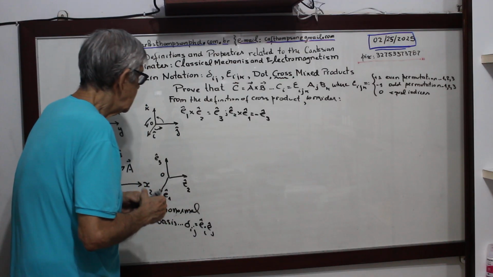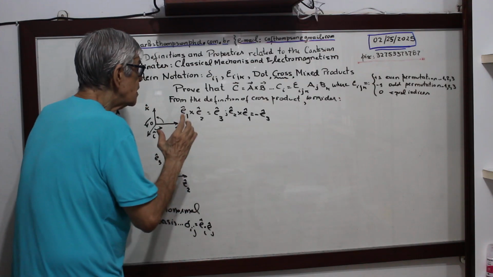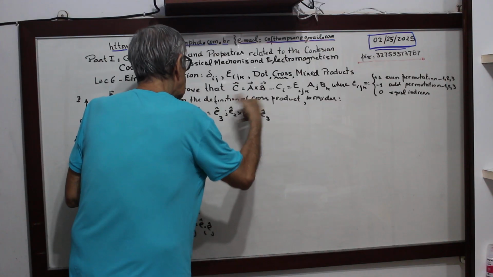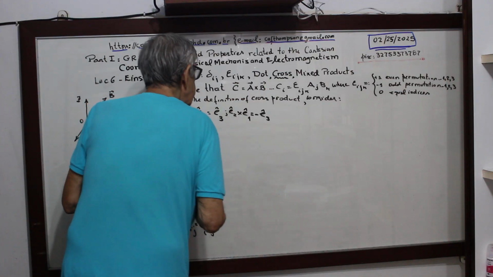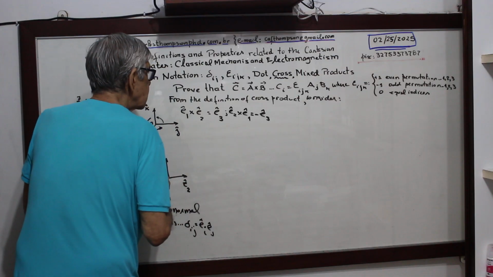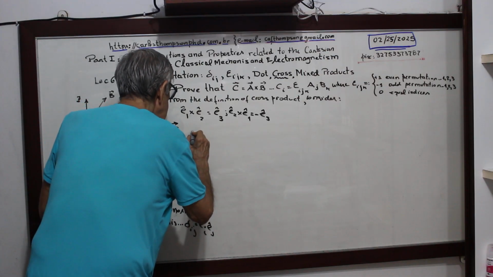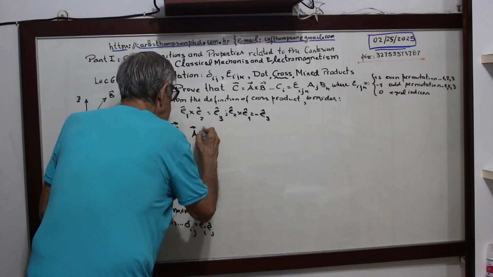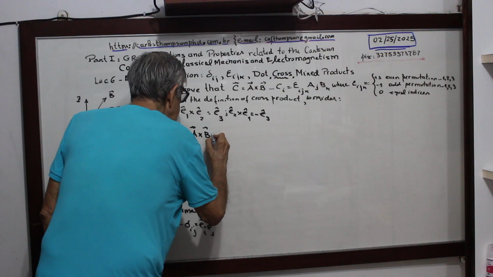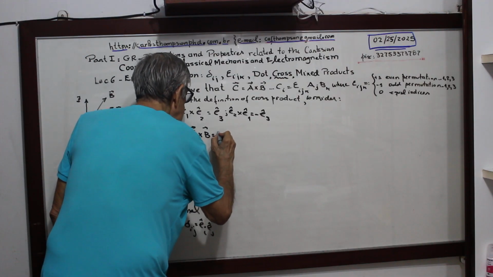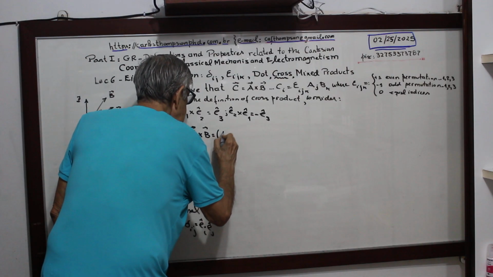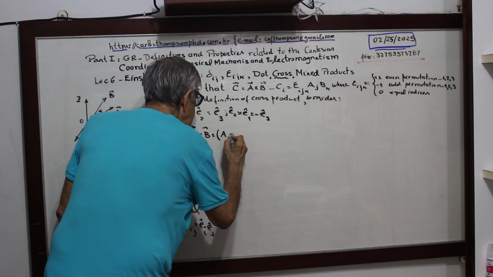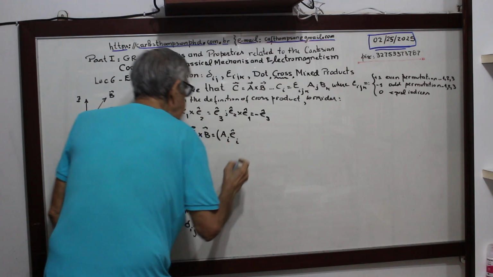Now, let's expand C_i. Let's put A cross B. This is equal to a_i e_i.